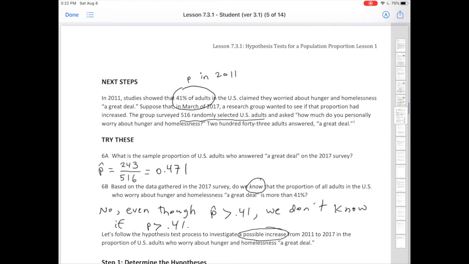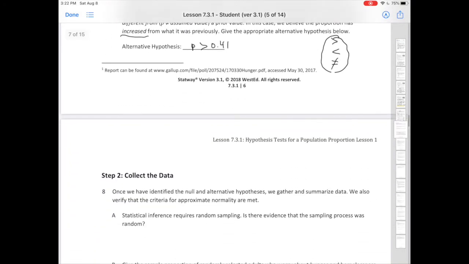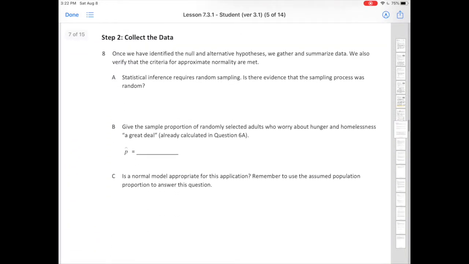It says that it was randomly selected, okay? See this part here? Randomly selected. I just put a little box around it. So because the experiment states that it was randomly selected, then there is evidence that it was random. So yes, the sample was randomly selected.